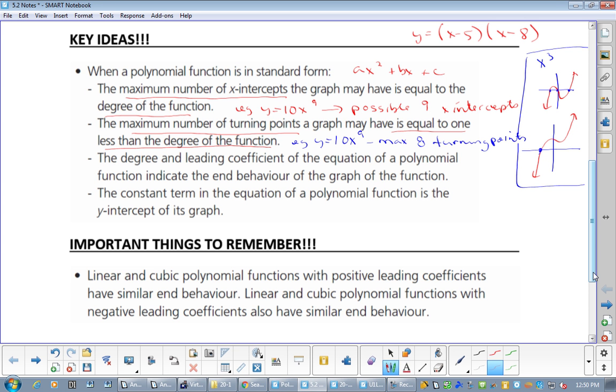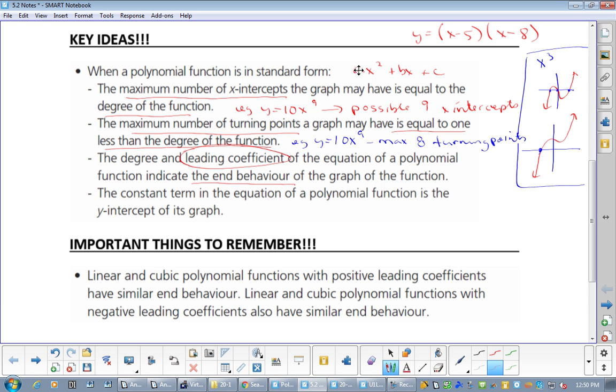Now, what's the next thing? The degree and leading coefficient of the equation of the polynomial indicate the end behavior. Okay? Now, why would the leading coefficient help me know about end behavior? The leading coefficient is this right here, this a value. What does a value tell us?